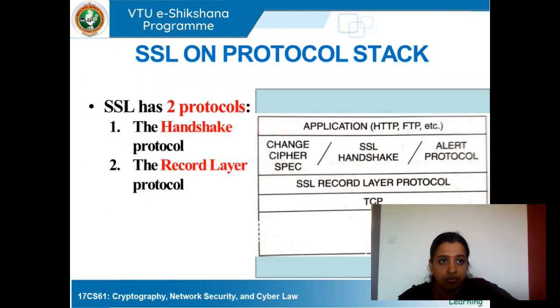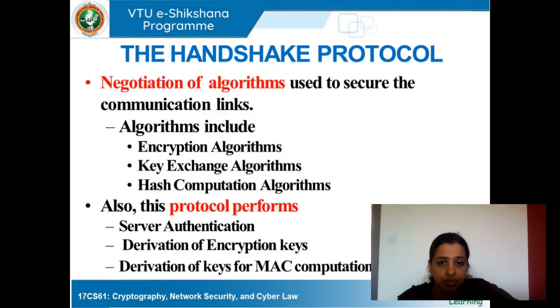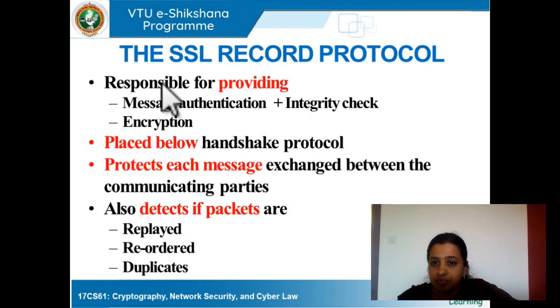Now we have seen in this diagram that this particular record layer protocol is placed below the handshake protocol in the protocol stack. Now this protocol is responsible for protecting each message that is exchanged between the communicating parties, and also this protocol is responsible for detecting if the packets are replayed, reordered, or if there is any duplication of packets.